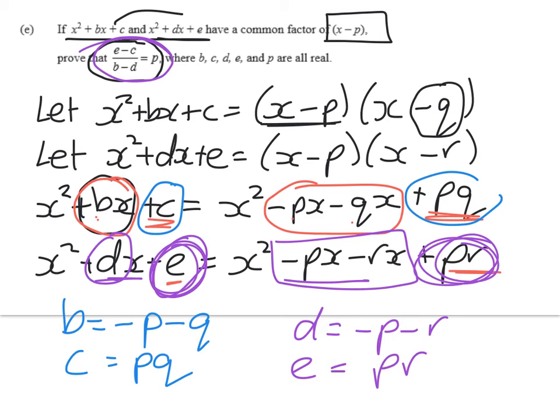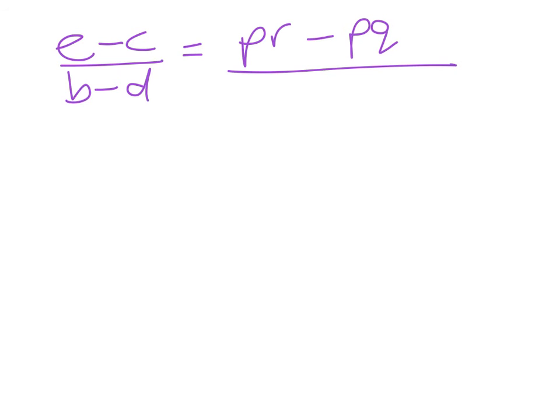So we're going to go back to this expression and we're going to substitute b, c, d and e, and we're going to hope that p pops out the other end. So I'm going to do that on a new slide. Right, so we've got e minus c over b minus d. I'm hoping you wrote those down as you went on the last page. So e minus c is going to be pr minus pq. b minus d, well, b was negative p minus q, minus d was negative p minus r.